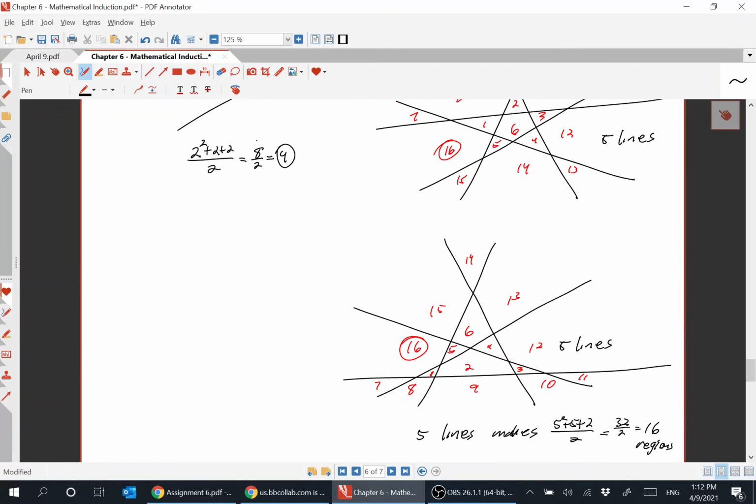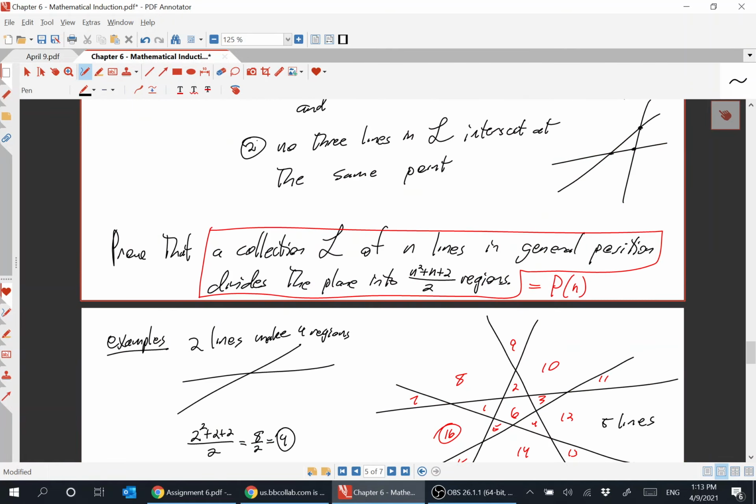So what is the induction hypothesis? You must assume Pn and then show Pn plus 1. So what do we assume? Assume n lines divides a plane into n squared plus n plus 2 over 2 regions. Yes, this is the statement boxed up in red.